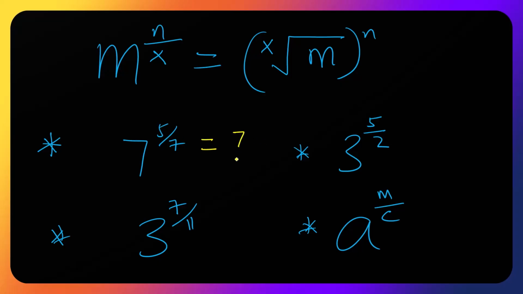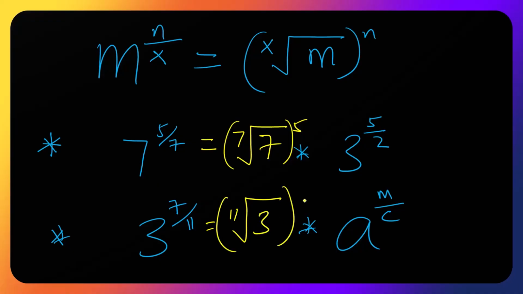That will be the 7th root of 7 all to the power of 5. And we have the 11th root of 3 all to the power of 7. And 5 on 2 will be square root of 3 all raised to 5.